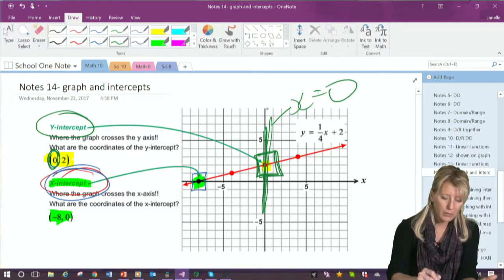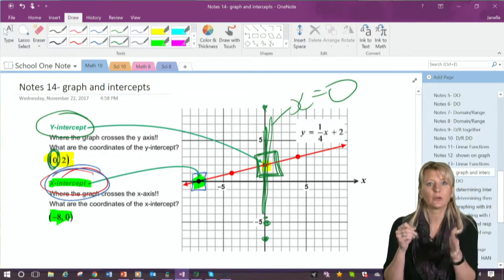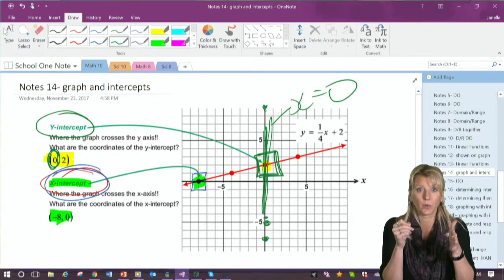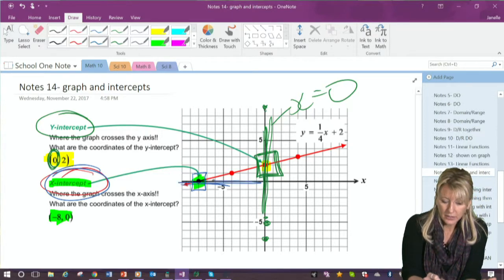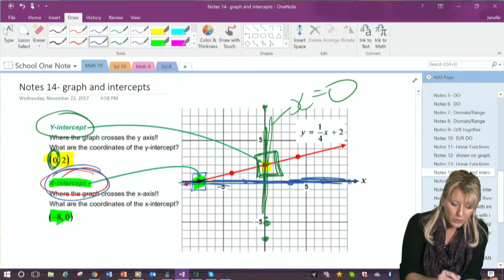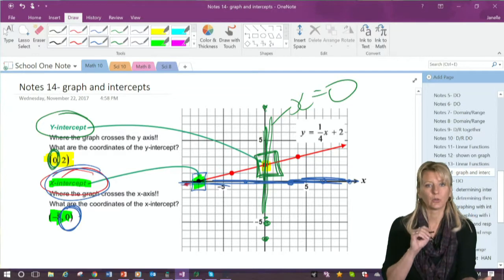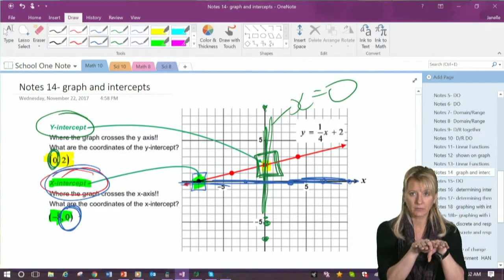No matter where I put the dot, even if I put it in the middle, x is always 0 on that line, okay? And if I look at this line here, no matter where I put this dot, y is always 0. I've not moved up and down. I've stayed on that x-axis.